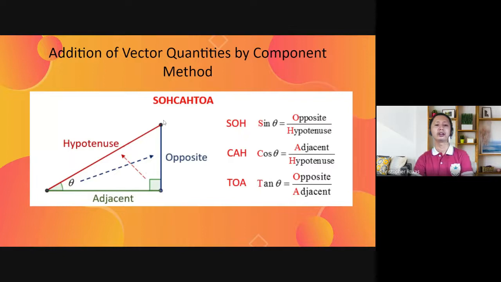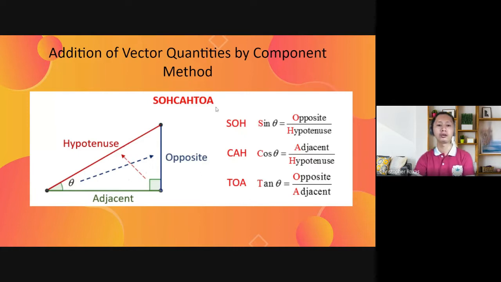Okay? So ganun yung ating pattern. Kumbaga class, yung vector na involved ay kino-consider natin siya na siya yung hypotenuse ng isang right triangle. So, the sine, cosine, and tangent functions will be useful to us.